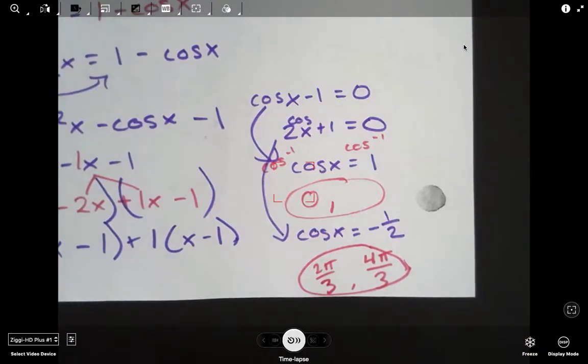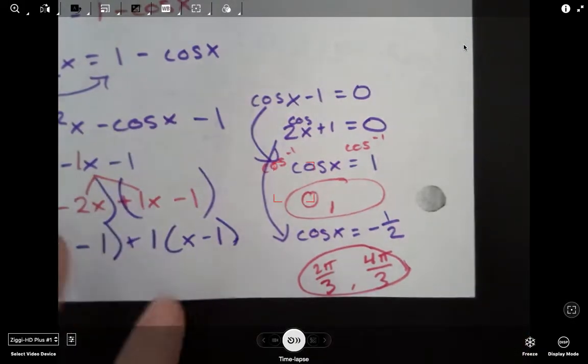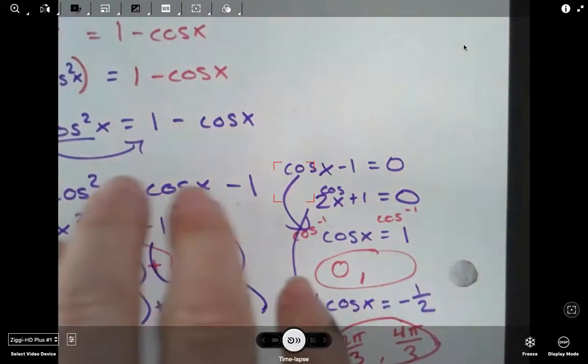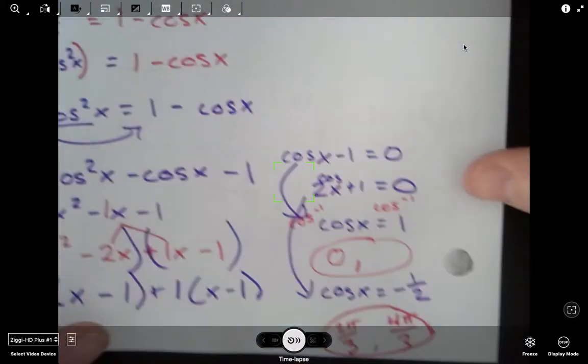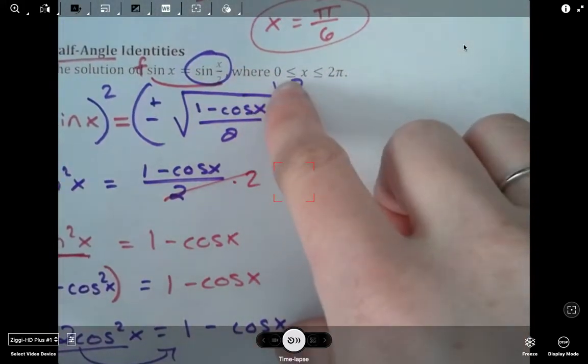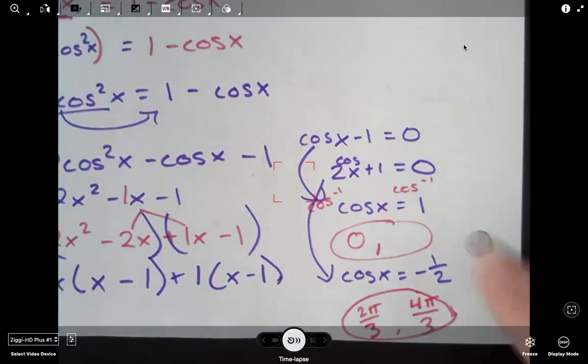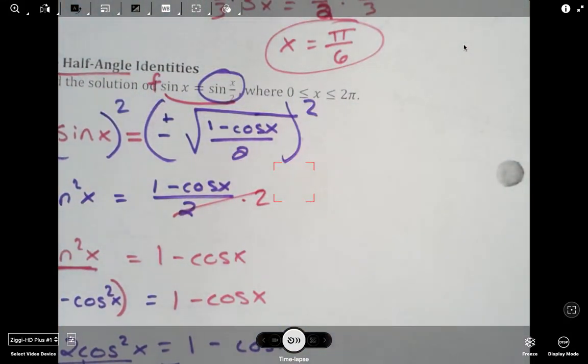Now, here's the deal. The original question asked, tell me where between 0 and 2 pi that exists. All of those numbers are legit between 0 and 2 pi. It says equal to, so it's equal to 0 and equal to 2 pi. See the underline symbol? Cosine is 1 at 0, but it's also 1 at 2 pi.